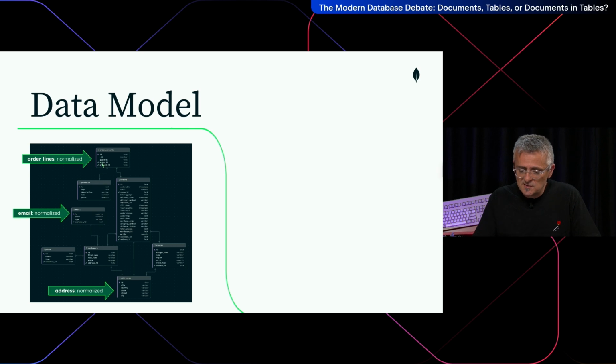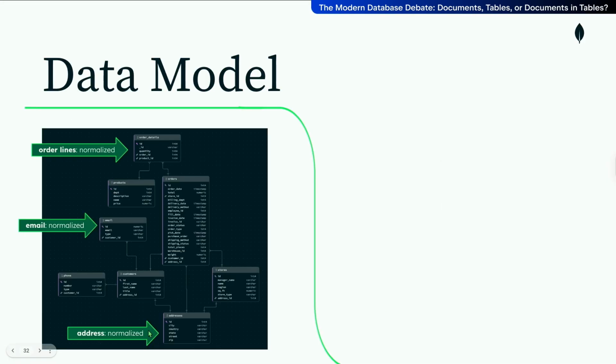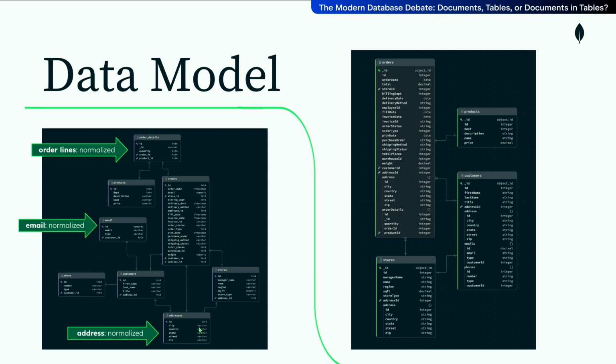When it's normalized, you have order lines, you have orders, the email is in another table, the address is in another table, and the address may be referenced by the customer, but also the order if it has a shipping address. When you do documents, you have fewer collections with more information in them that can be embedded. So that's quite small, but you can go see it.